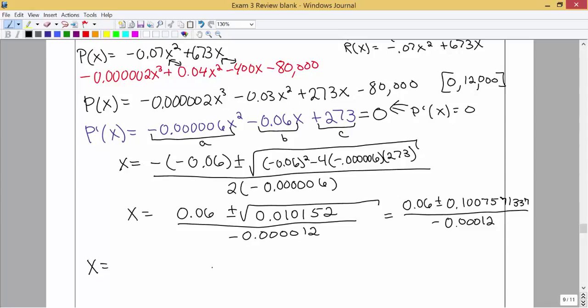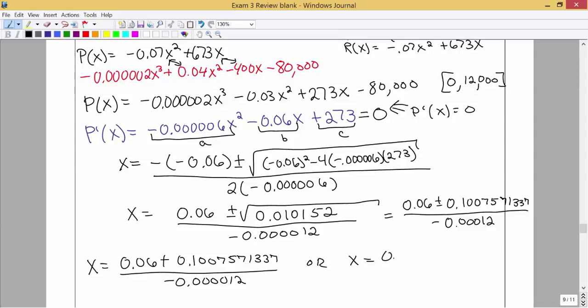So you get that once we take the square root. So I get x equals, and we have two potential values here. We have x equals 0.06 plus that value, all of that divided by negative 0.000012. Or you also have x equals 0.06 minus the square root of that number.